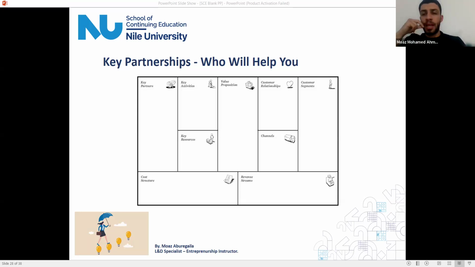So again, getting back to the waste management application, who could be a potential partner who could provide resources, reduce risks, or help scale faster? What are your suggestions?